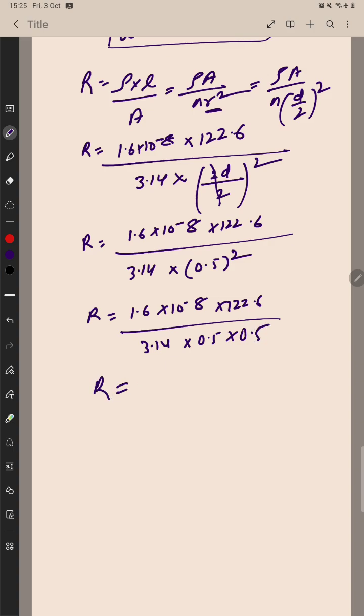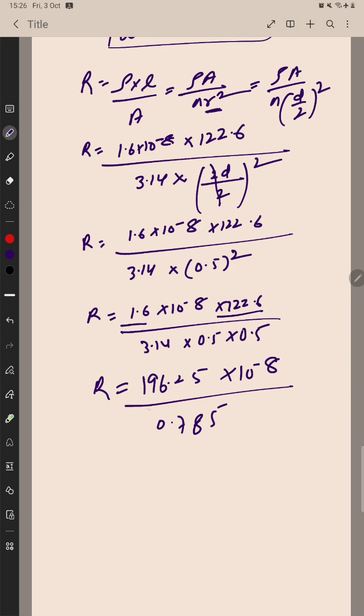So now we have to check what R is going to be. If you multiply the numerator, students, 1.6 and 122.6, it is 196.25 multiplied by 10 power 8, and if you multiply the denominator, it is coming 0.785. So now R is equal to, we are multiplying all this, students. So somewhere we made a mistake here. This is the millimeter, so this millimeter has to be converted into meter.